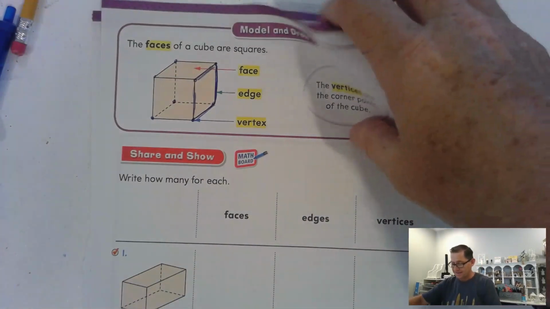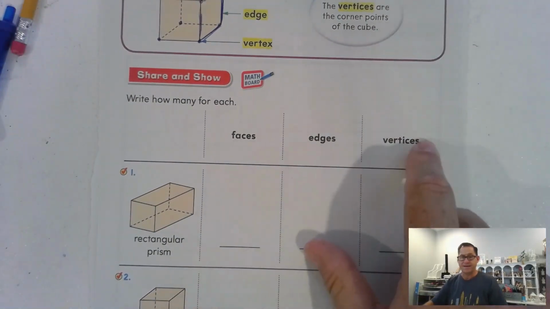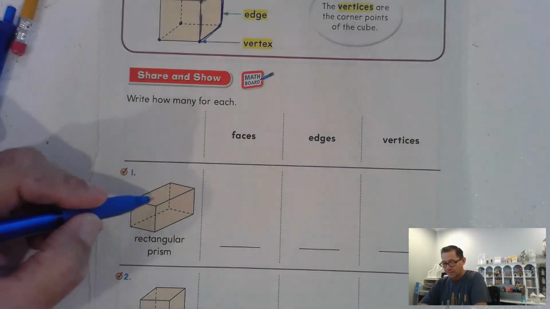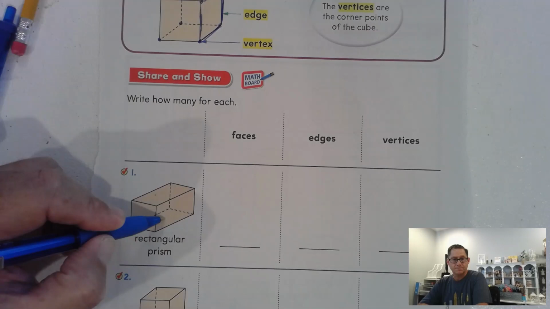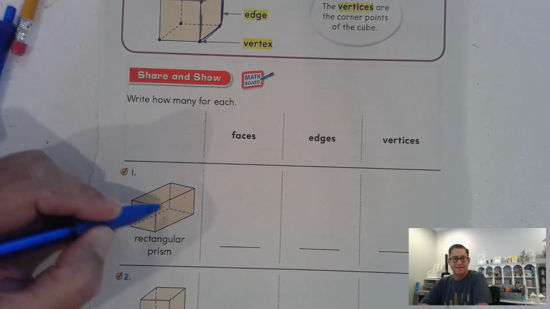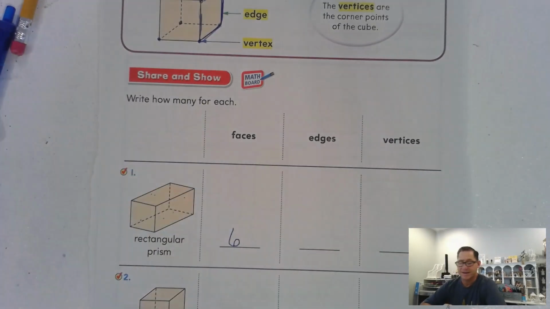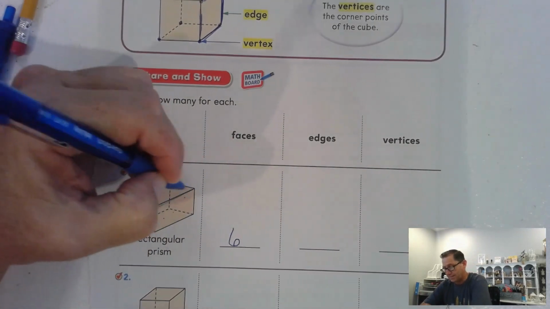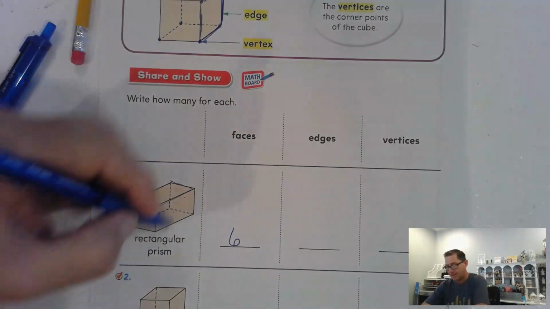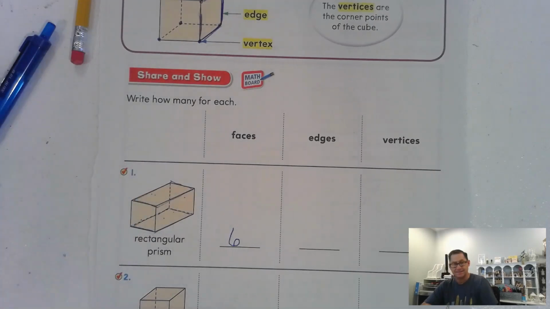Now for this next activity, you're going to tell me how many of each of these three things each of the shapes below have. A rectangular prism has a top, a bottom, a left, a right, a back, and a front. So it has six faces. Edges: one, two, three, four, five, six, seven, eight.